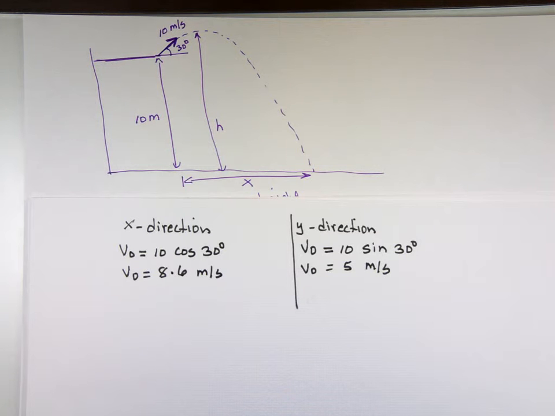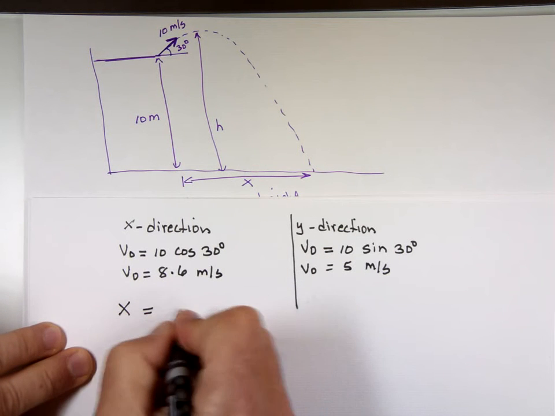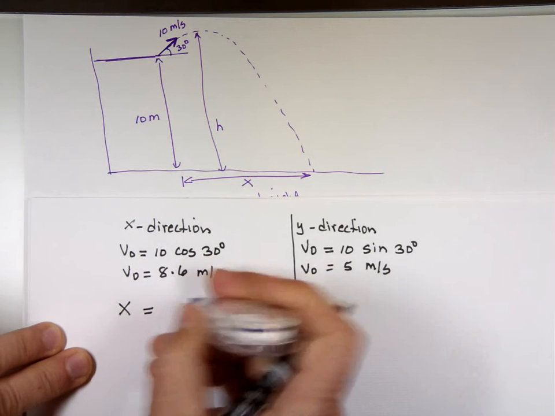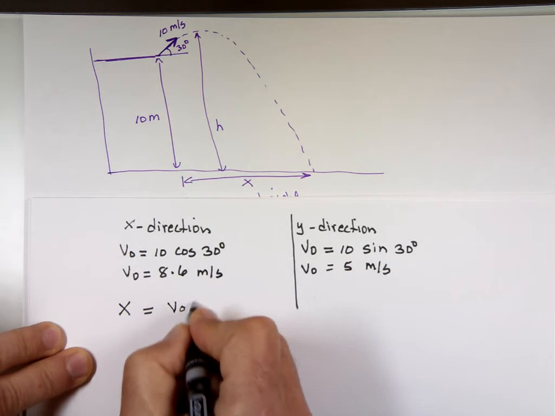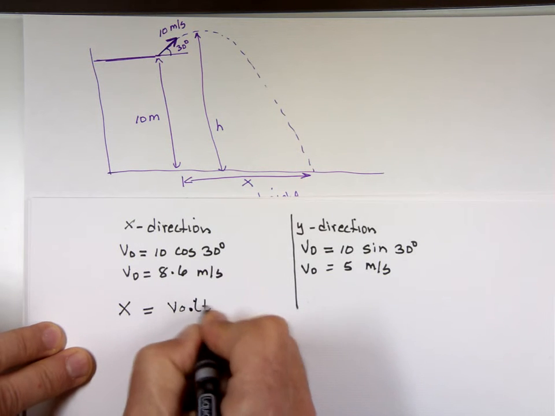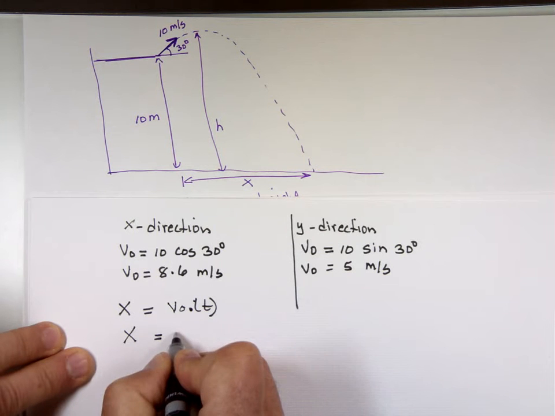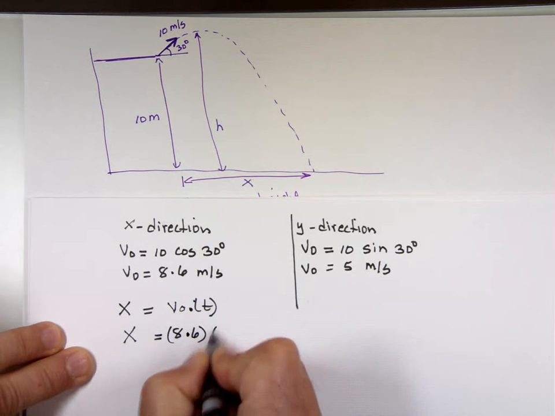We don't know what the time is. I can give you X if you tell me the time. X equals V0 times t, isn't it? So X equals 8.6 multiplied by the time. If I know what the time is, I'm done.